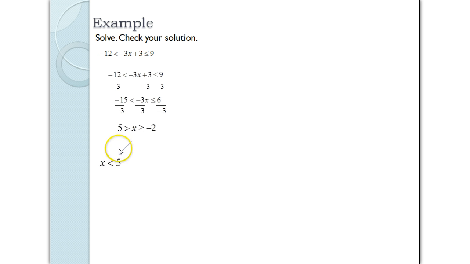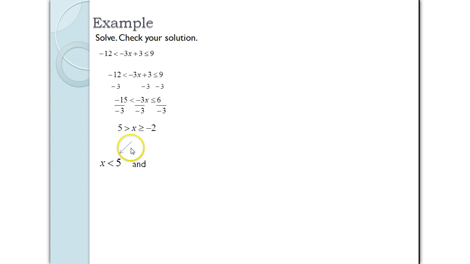When you go to write that with the variable on the left, because that's what most students like, that's what they're used to graphing, make sure you write your variable on the left, but then make sure that inequality sign is pointed towards the variable. If the inequality sign was open towards the variable, you'd want to make sure it was open towards the variable down here as well. And then carry down your 5.